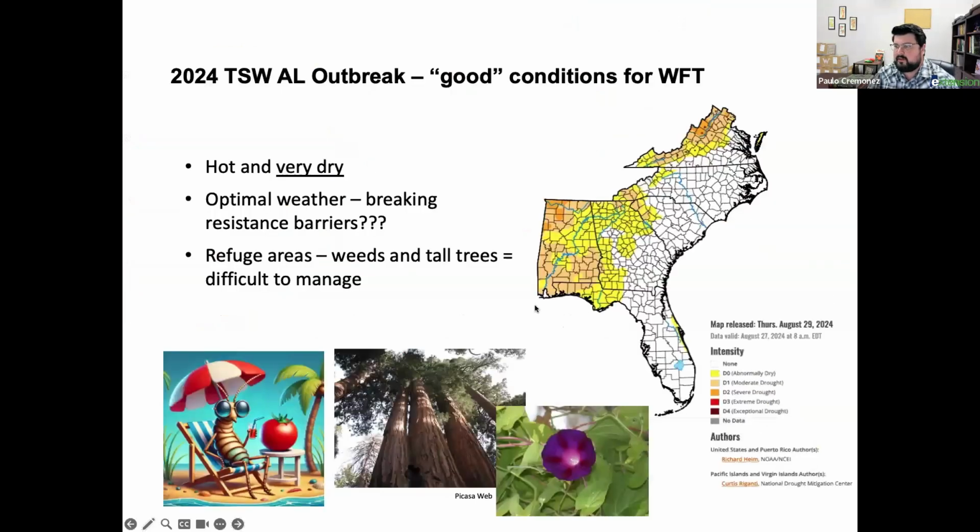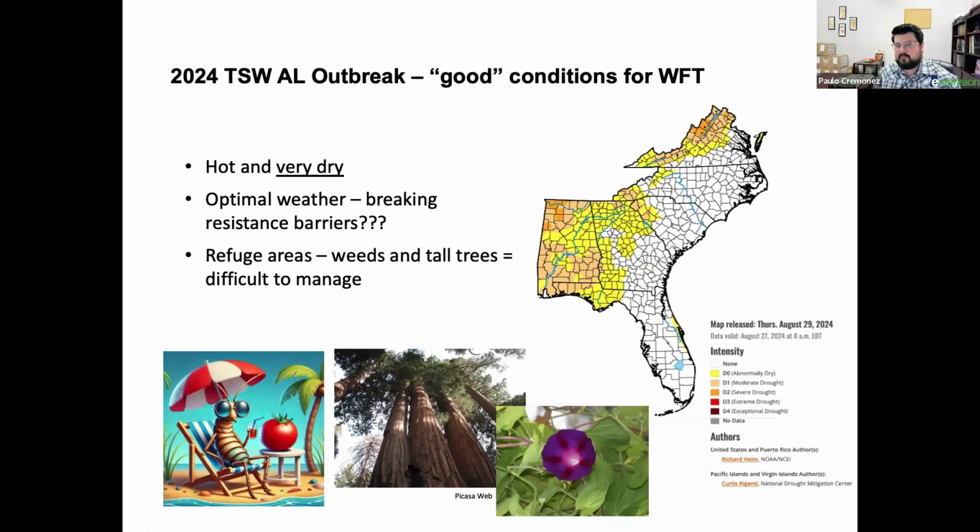So what happened then? Why did that happen? Well, 2024 was a really good condition for western flower thrips. They were really lucky to find Alabama in the drought situation that we had, and it was very hot.